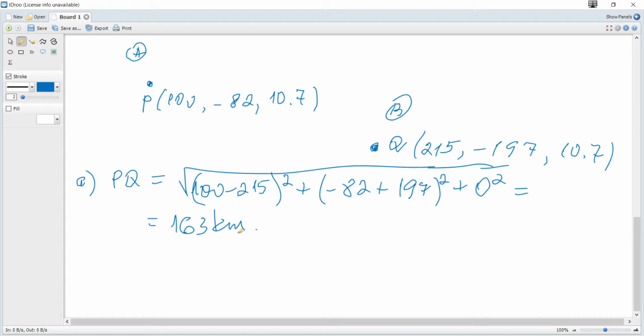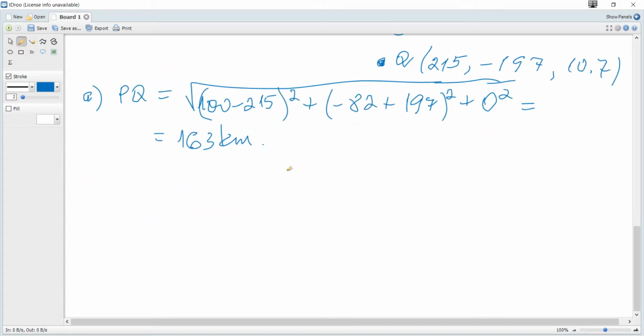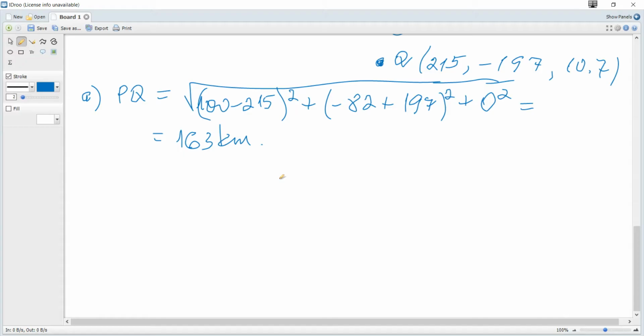The two aircraft are flying along the same straight line flight path with B behind A. They both have the same constant velocity of -640, 640, 0 kilometers per hour. B. Find the speed of both aircraft.